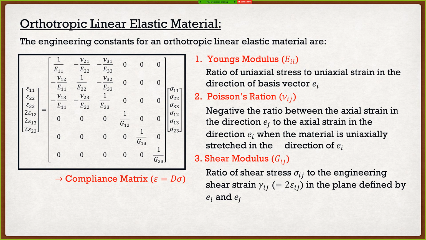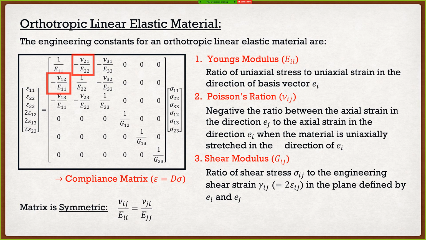Now, one of the things that we also said is that any stiffness matrix or compliance matrix is symmetric. Therefore, the Poisson's ratio nu_ij over E_ii is going to be equal to the Poisson's ratio nu_ji divided by E_jj. If we look up here, we can see that we have 2 components.